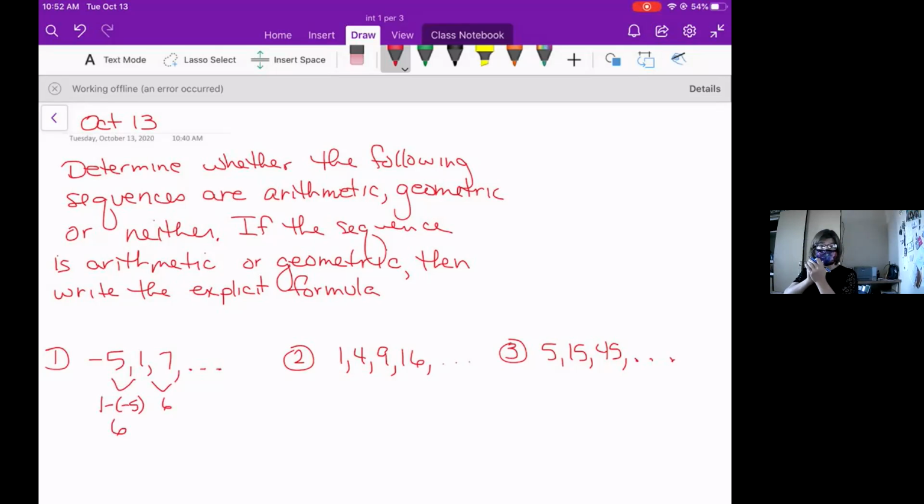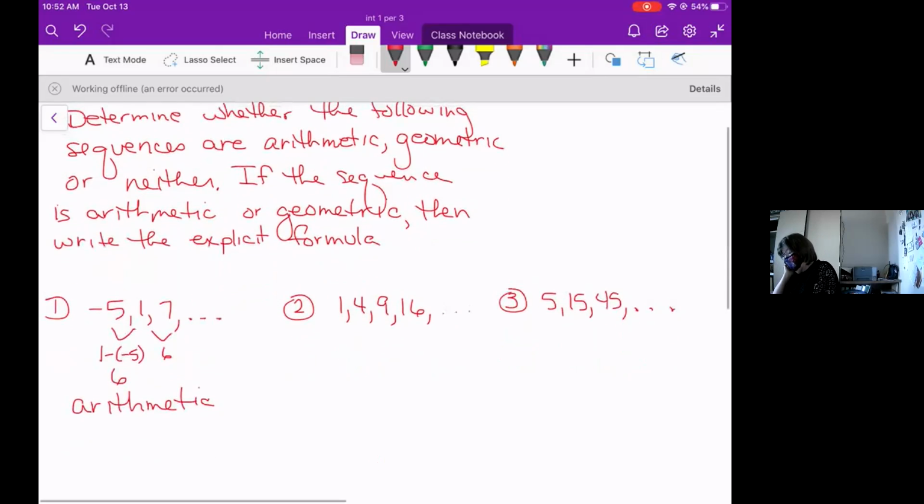So I'm adding the same number every time. So this one is arithmetic, which means I'm going to write the equation for it. The equation is a sub n equals the first term, which is -5, plus d. What's d equal to? 6. It's the amount that we're adding every time, times n minus 1.